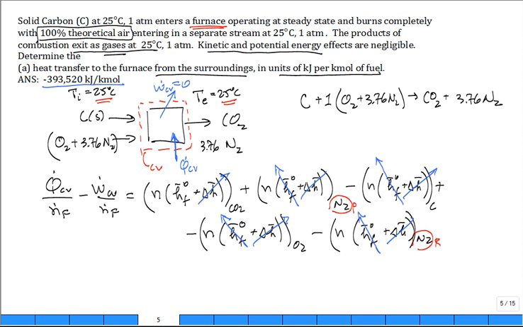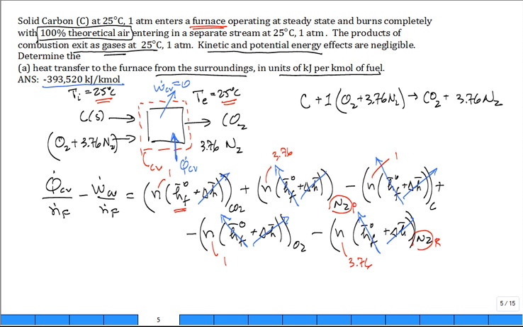So even though this coefficient was 3.76, it multiplied 0, so it didn't matter. Even though this coefficient on the O2 is 1, even though this one is 3.76, and this one is 1, and this one is 1, really our non-zero is the enthalpy of formation for the CO2.